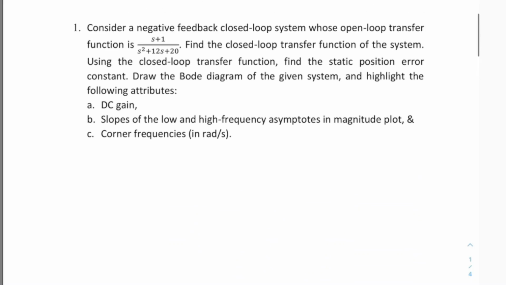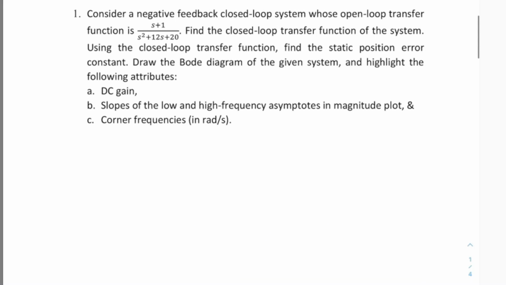So, let's get started. The transfer function given to us is G of s, which is s plus 1 over s square plus 12s plus 20. Let us write this as G of s H of s. Apologies, this is the open loop transfer function.